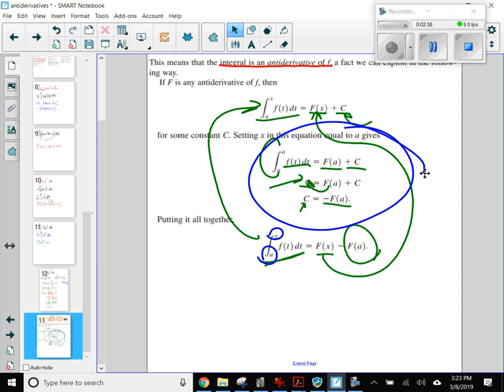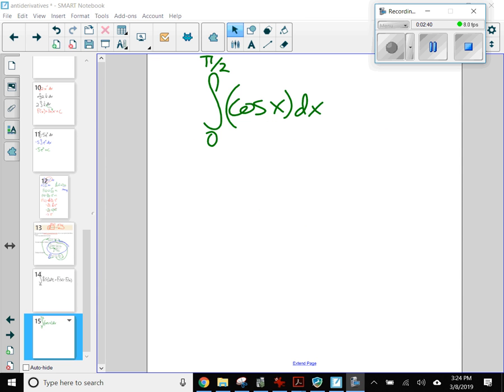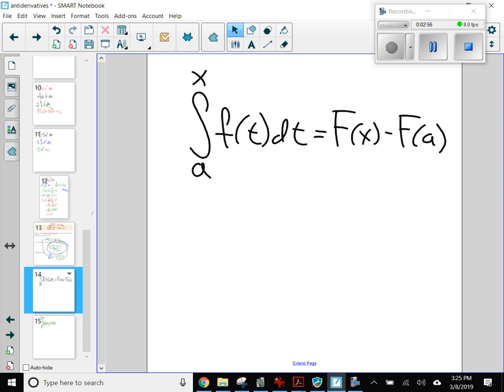So let's try a couple of problems. I would like to evaluate this integral. I want to know what is the area under the curve cosine x between 0 and pi over 2. Well, I know that the integral is going to be equal to the antiderivative evaluated at the upper limit of integration minus the antiderivative evaluated at the lower limit of integration.